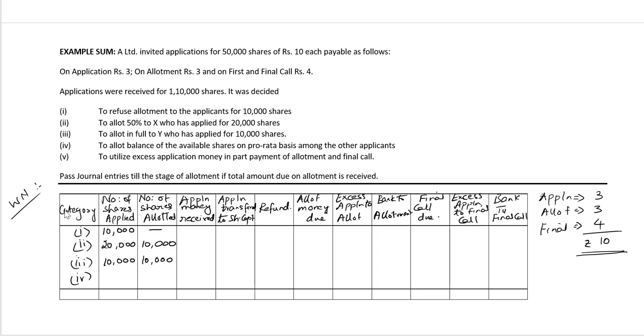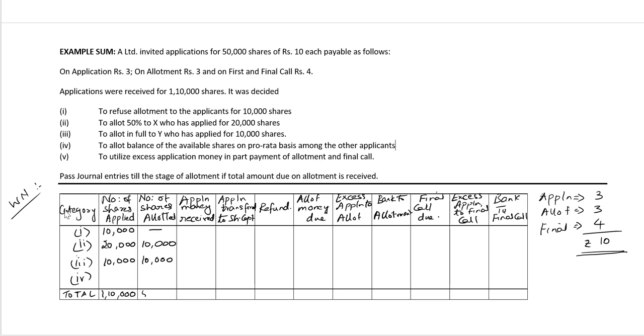The last category is pro rata. We'll put it as a balancing figure. The total of the number of shares applied column: applications were received for 1,10,000 shares. So the total has to be 1,10,000 shares. And the total of the number of shares allotted column: A Limited invited applicants for 50,000 shares.